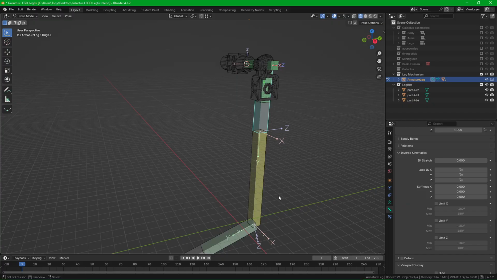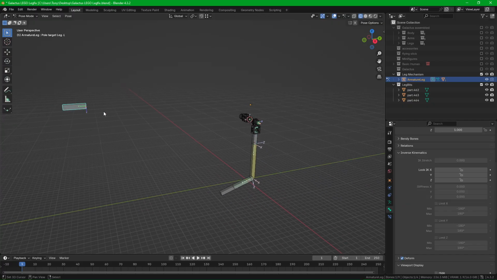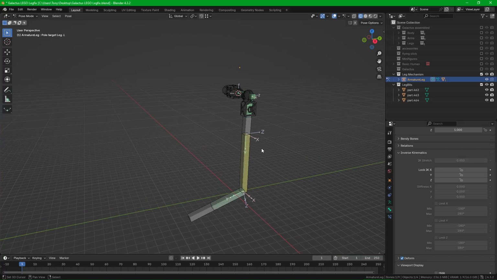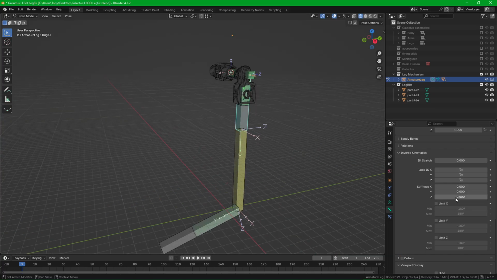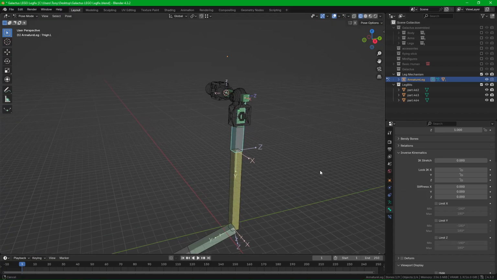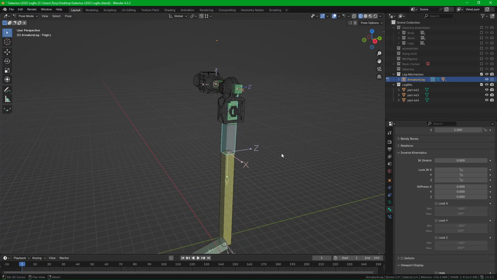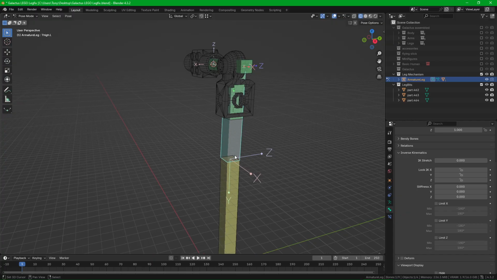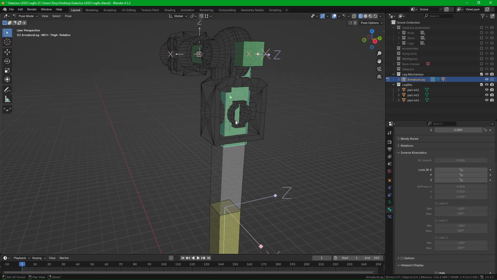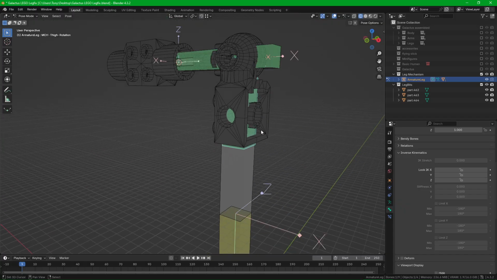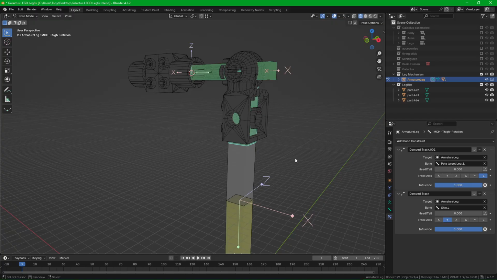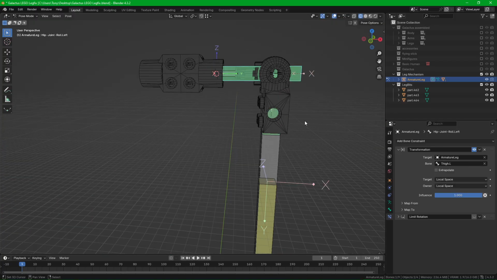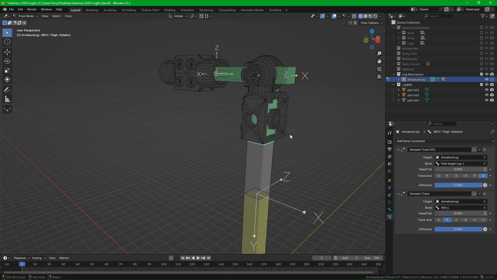So if you pose it in some weird pose and you say, oh, I want the knee pointing in this direction and I want the foot here, and it can't do that based on these things, it will either mess up or it'll flip between really weird poses in frames of your animation. So yeah, I wouldn't do that if I were you, but you can. It's an option. What I would do is what I've done with this bone with the transformation constraint, or like I said, drivers or damped track.